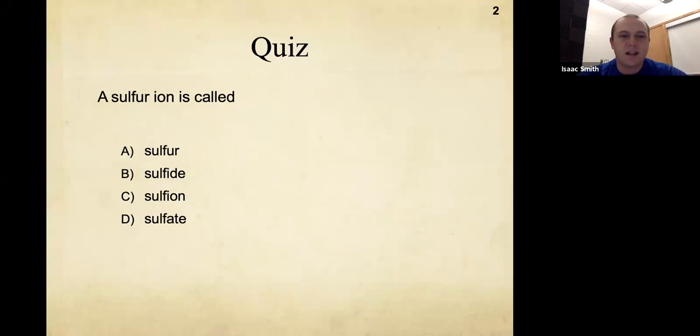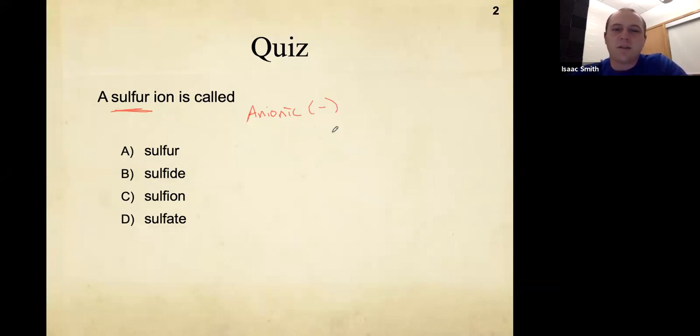Okay, so sulfur ion, and we'll be talking about this a little bit more. But when an element is in its anionic form, right? So anionic, this is a negatively charged ion. Sulfur is towards the right on the periodic table, and we talked about how elements will want to either gain or lose electrons to get to a noble gas electron configuration.